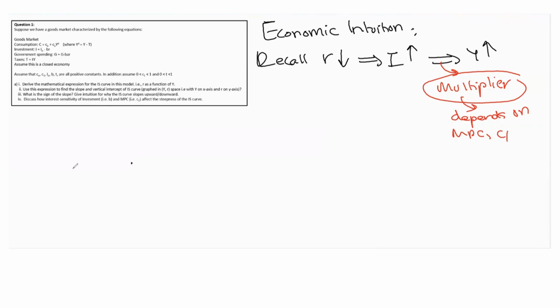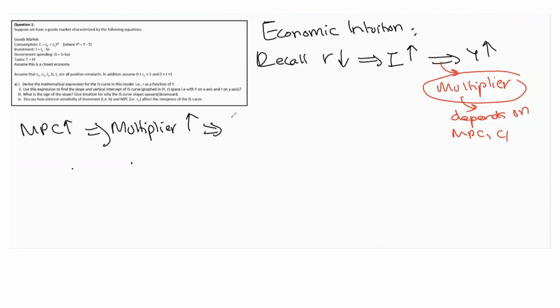So the idea is this: as MPC increases, the multiplier increases. We know why. The multiplier effect works through changes in C. At every stage of the multiplier process, as income increases, C increases, and how much C increases depends upon MPC. The greater the MPC is, the more consumption will increase every time income increases, and hence the greater the multiplier effect will be.